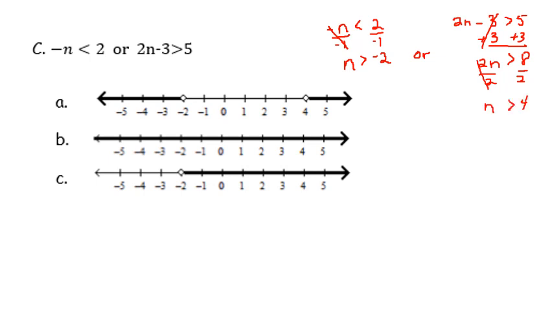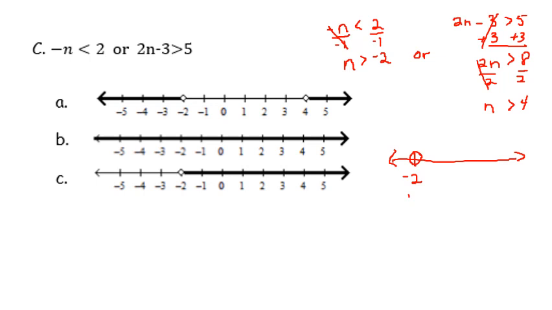So notice here we want n is greater than negative 2 or greater than 4. All right, so looking at that, if we were to make a number line, we would have negative 2, open circle, and notice which way it's shading.